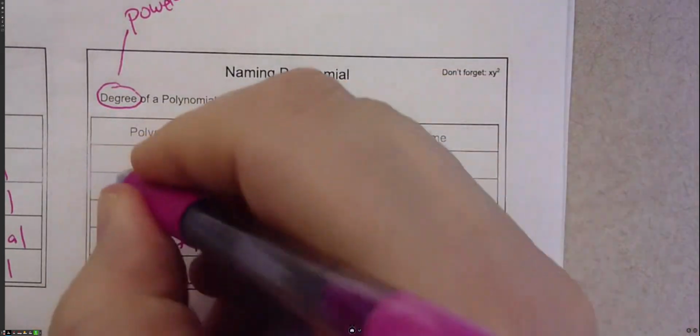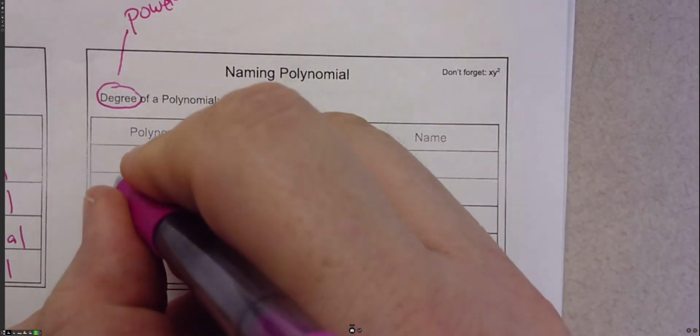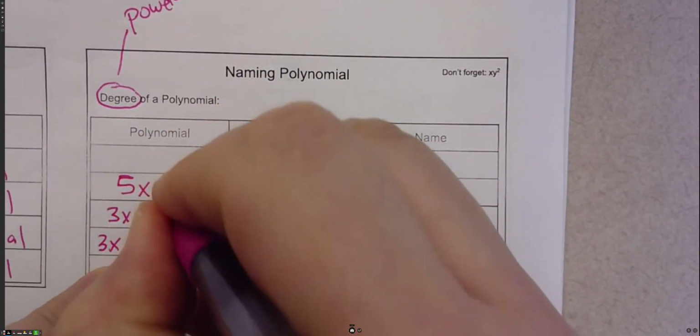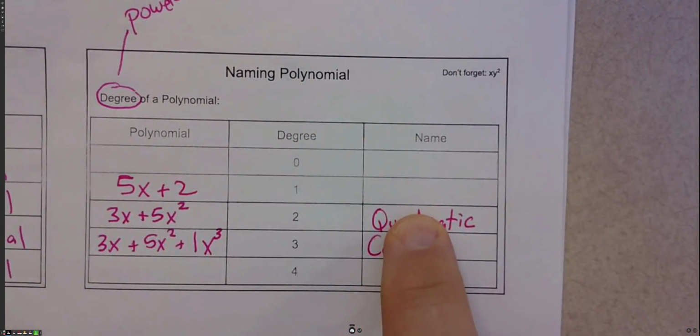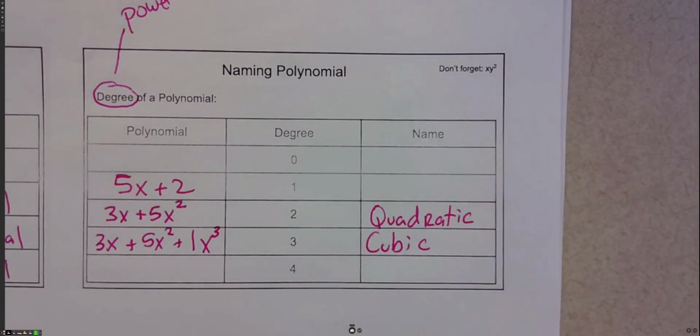So I'll give you a 2 like this. So if I say 5x plus 2, we actually know what this is called. We just never talked about it in these terms. Anyone want to guess what it's called? Function, equation, yeah, we're hitting there.